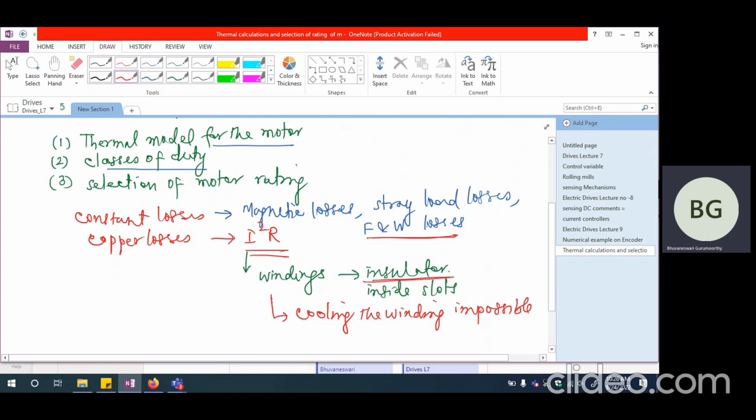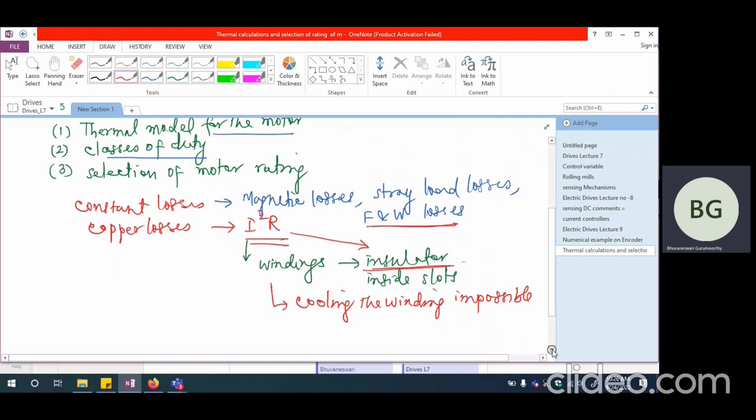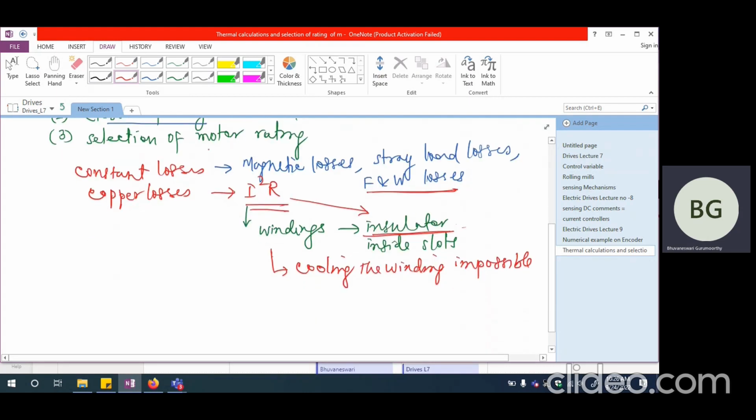So the insulators can get ruptured due to two reasons. One could be due to the temperature rise itself, I square R losses themselves. And the second thing could be if I apply a very high voltage to the winding, then the insulator can get ruptured again because it will be breaking down against very high voltage.